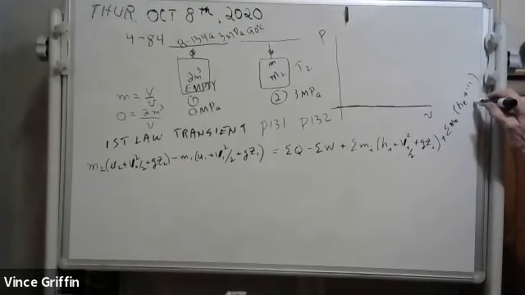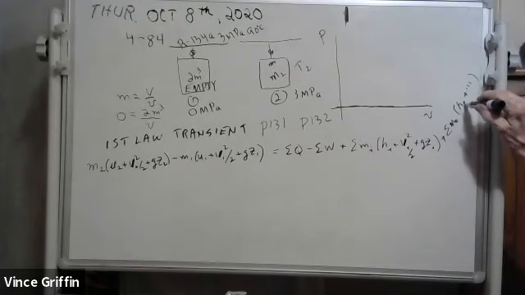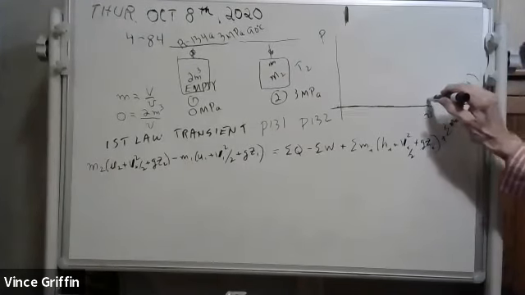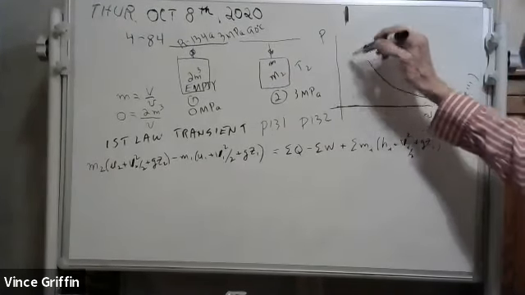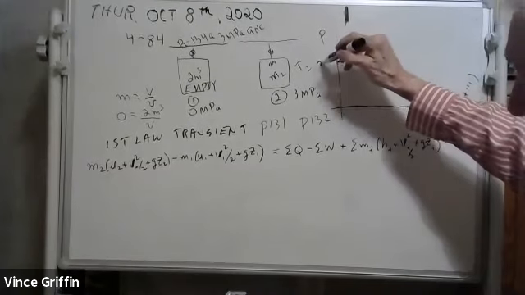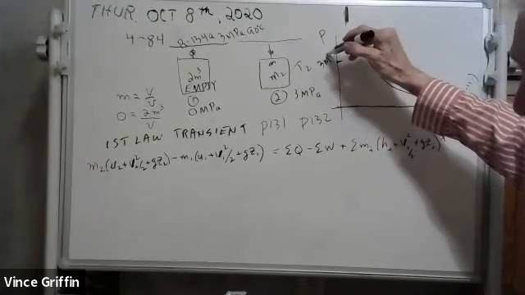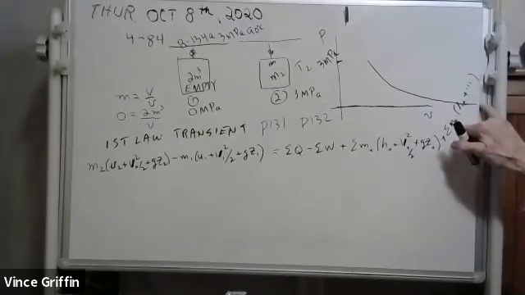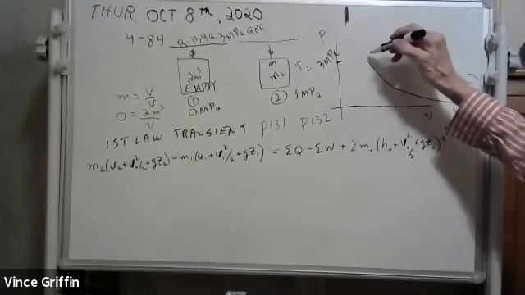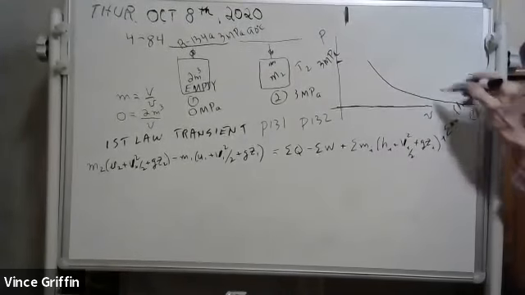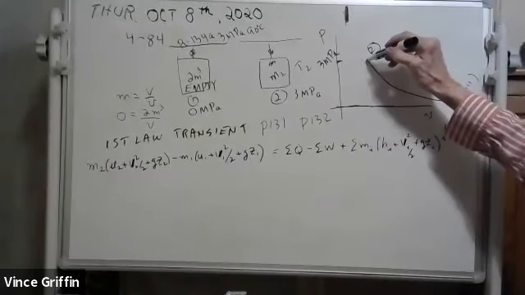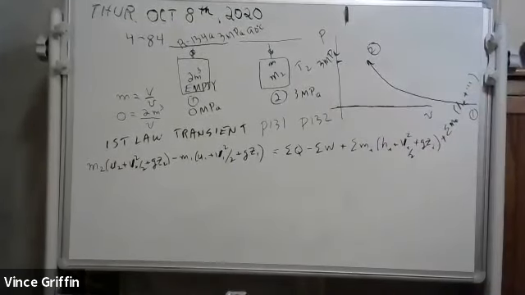What happens is, as you open this valve, the pressure starts increasing. It will increase until you reach 3 megapascals. It starts way over here, comes up here. Here's state 1, here's state 2. There's your process.